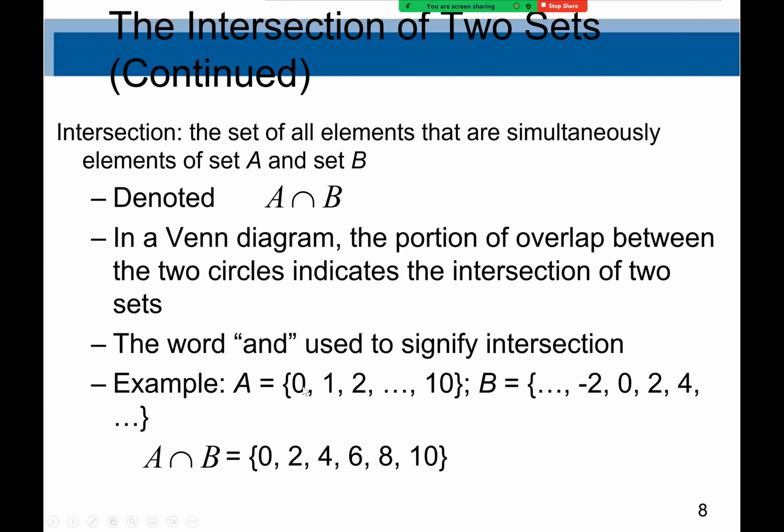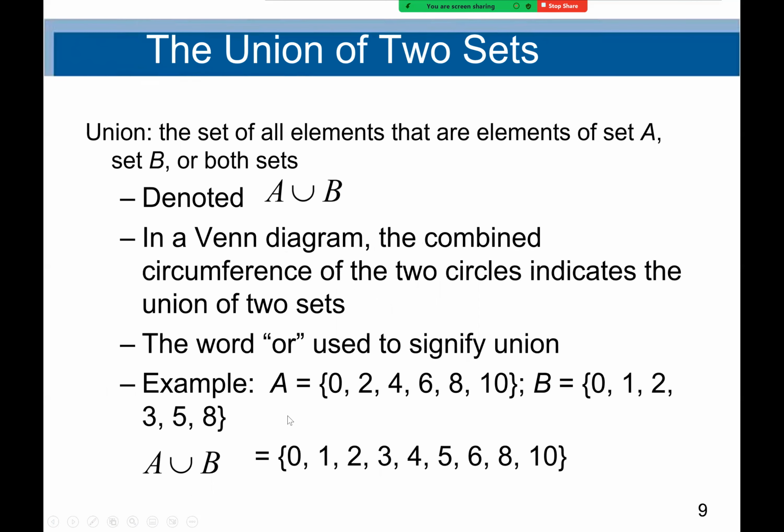Because set A goes from 0, 1, 2, 3, 4 up to 10. Set B starts from negative infinity, and they are even numbers, -2, 0, 2, 4. So the next will be 6, 8, 10, etc. But set A, we go only up to 10. So we can go 12, 14. They are not common.